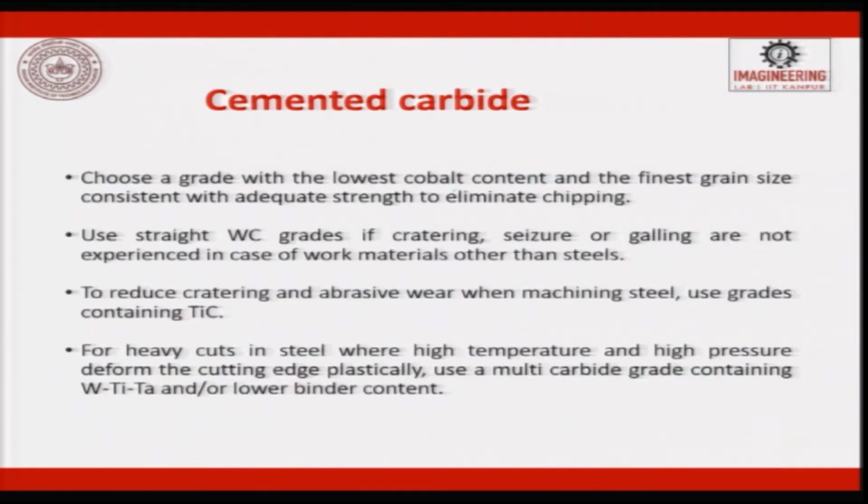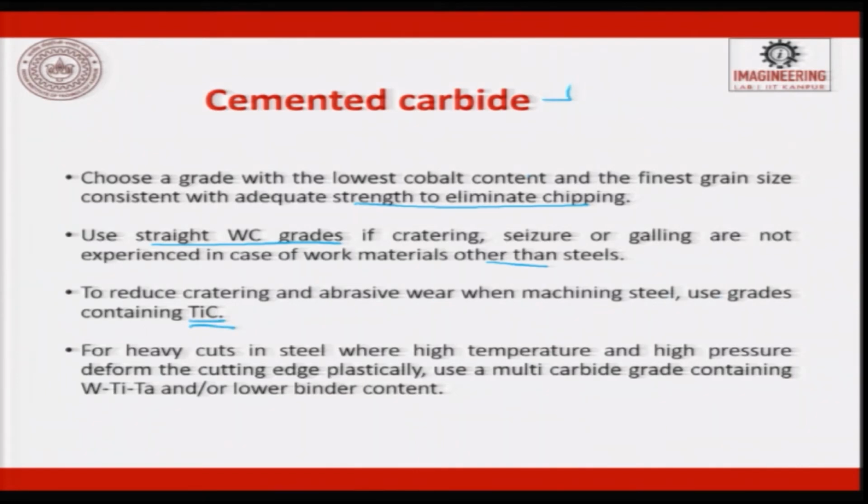Choose a grade with the lowest cobalt content and the finest grain size consistent with adequate strength to eliminate chipping. Use straight tungsten carbide grade if cratering, seizure or galling are not experienced, in the case of workpiece material other than steel. So, use straight tungsten carbide grade to reduce cratering which happens on the surface and abrasive wear while machining.